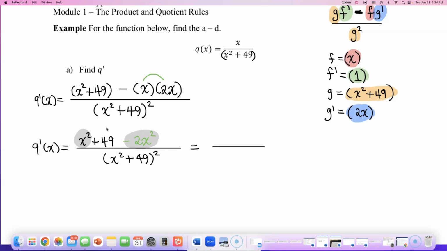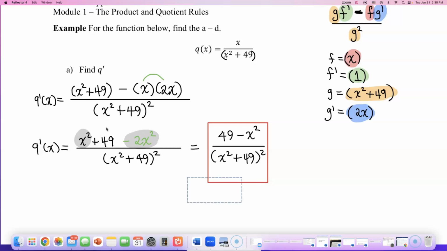So I'll write it as 49 minus x squared for the numerator. And in the bottom, I will put x squared plus 49 squared. That is what q prime is, and I can stop here. This is a fine looking answer. Let me see if I can draw a square over here. That is the answer.